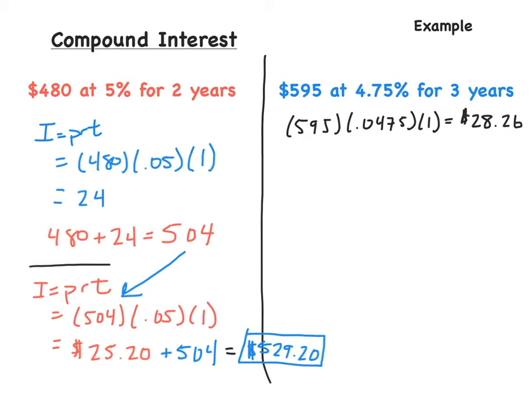Add those together for the total for the first year, the $595, because that's the beginning, with the $28.26 interest. We get $623.26. So that's the total that we would make after the first year.